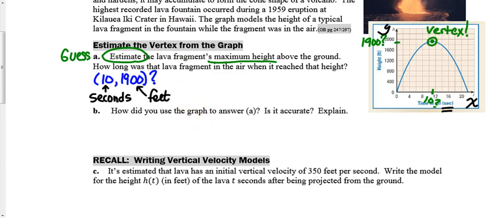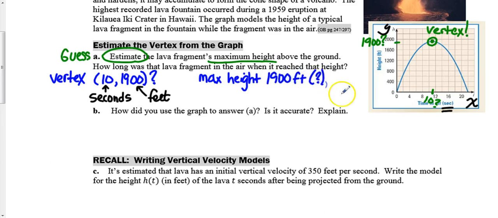Because we are talking about the vertex, I know that this ordered pair is the answer to the maximum height and how long the lava was in the air. Now that we understand what the vertex means, I can say max height is 1900 feet, and I'll put a question mark because it's an estimate.